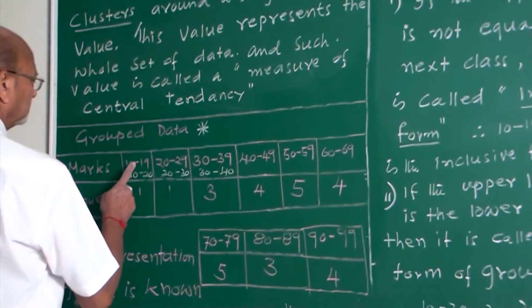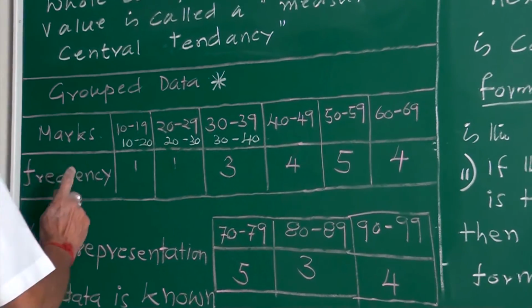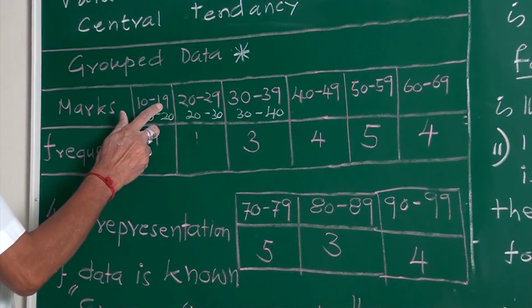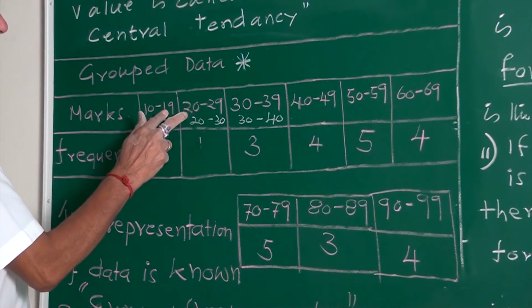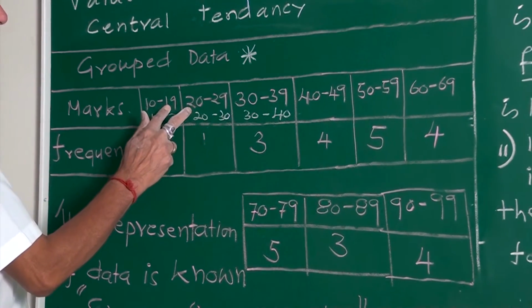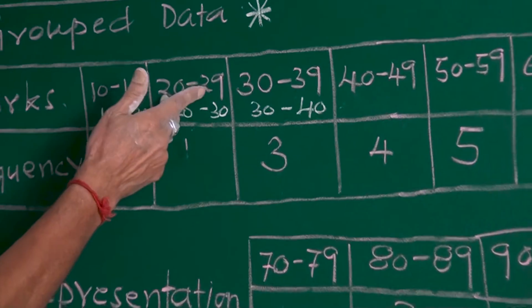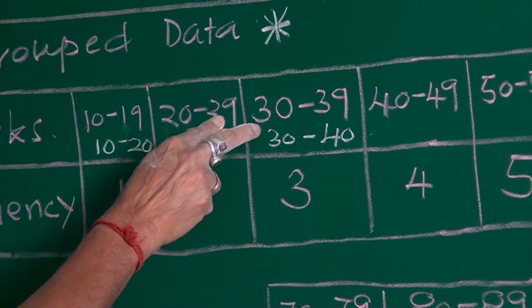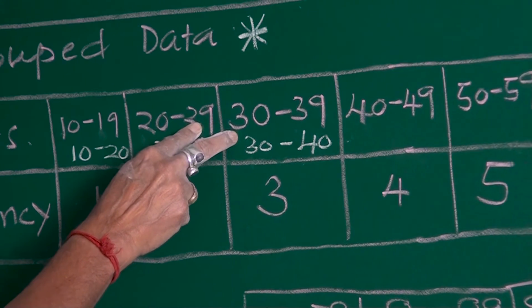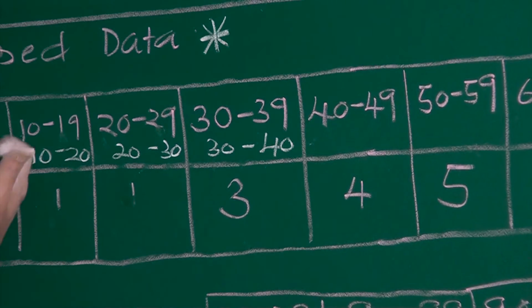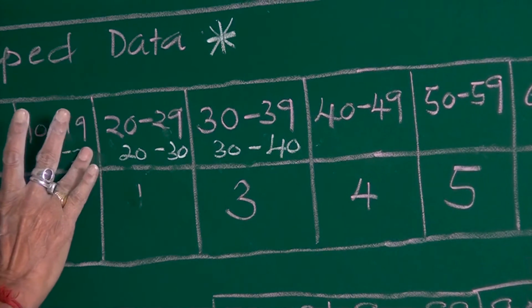In these class intervals, what is the observation? The upper limit of the first class interval is not the same as the lower limit of the next class interval. The upper limit of the second class interval is not the same as the lower limit of the third class interval.